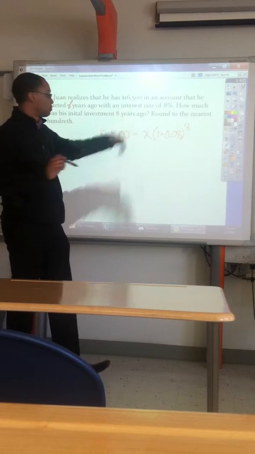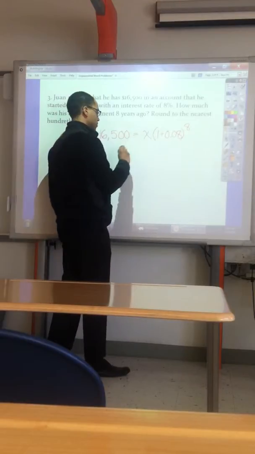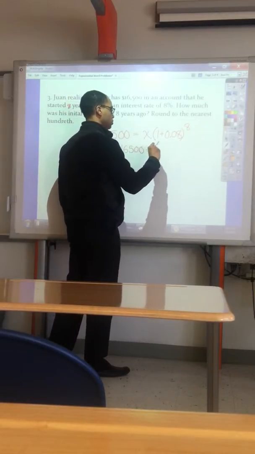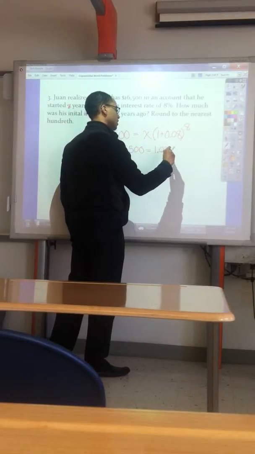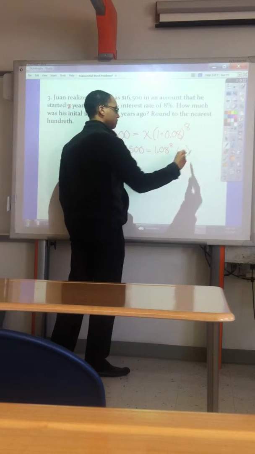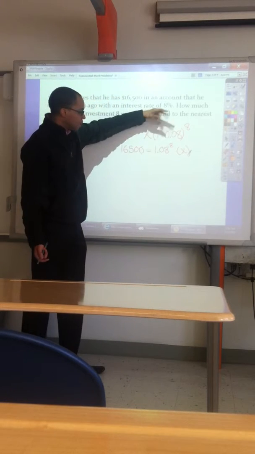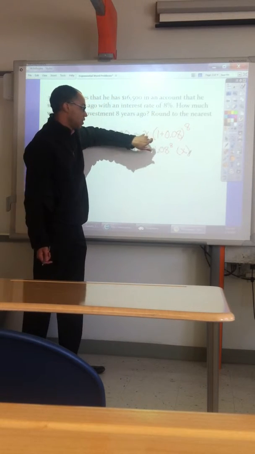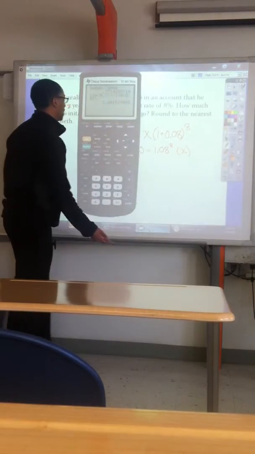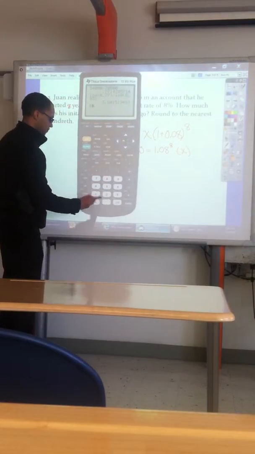All right, so we go ahead and solve this. We can simplify: 16,500 is equal to 1.08 to the 8th times x. I just moved the positions around. So let's find out what 1.08 to the 8th is.